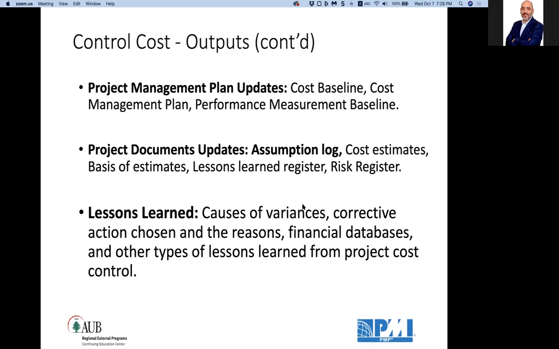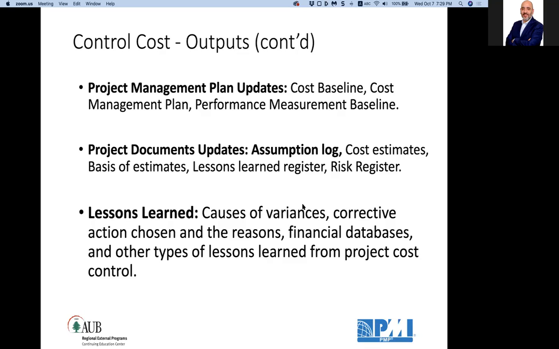Mainly those are the result of every control process in the PMBOK. I mean any control process, whether control cost, control schedule, control scope, control quality, etc. The output of these control processes is typically the assumption log, the estimates, lessons learned, the risk register.